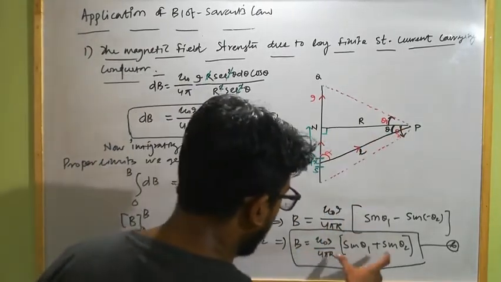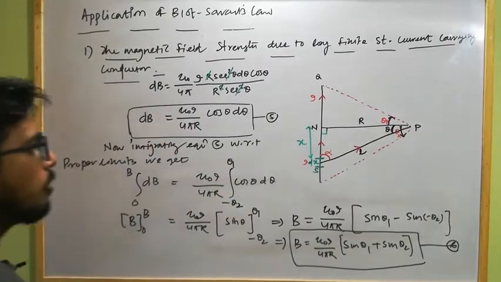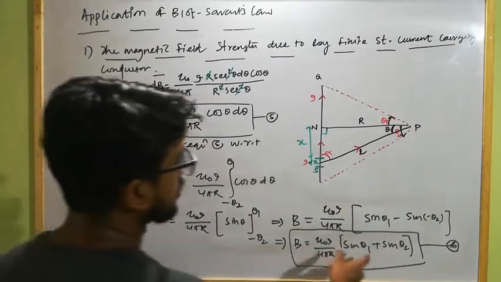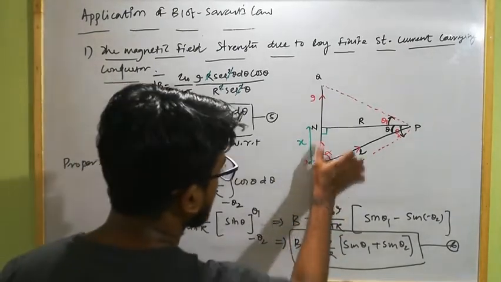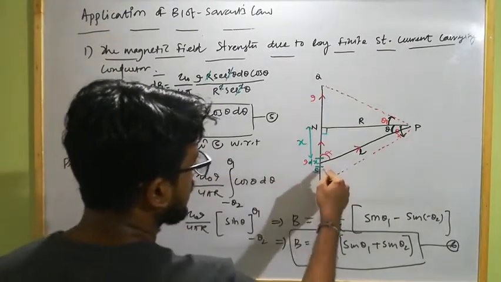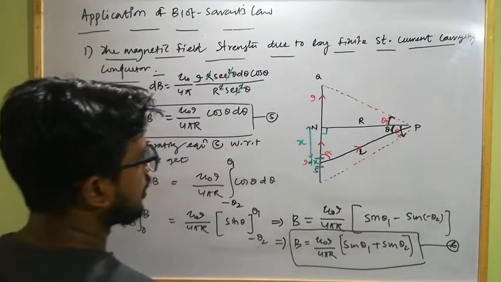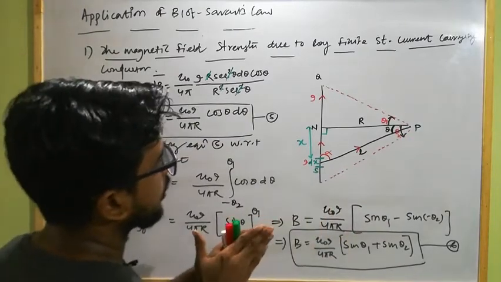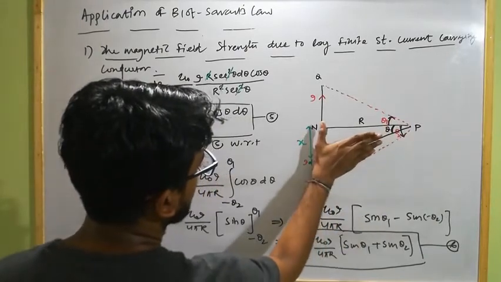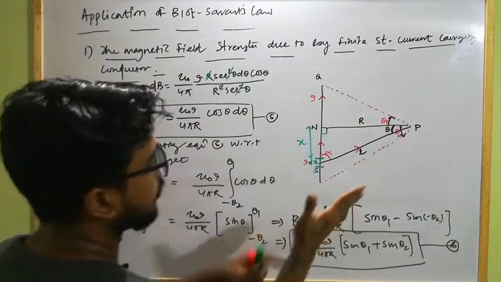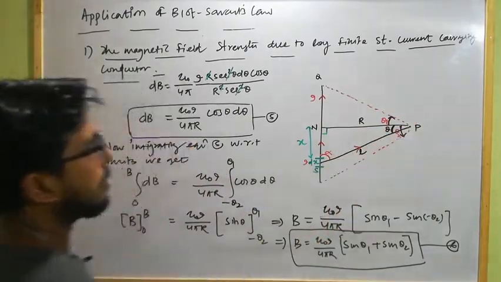So this is the expression for the net magnetic field strength at point P. This is the magnitude. What will be its direction? We can easily calculate the direction by using the right hand thumb rule or the right hand palm rule. This is the direction of the current carrying element. This is the direction of the position vector. So we stretch the fingers according to the right hand palm rule along the direction of the position vector and the thumb along the direction of the current carrying element. The direction of the palm shows the direction of the net magnetic field strength.